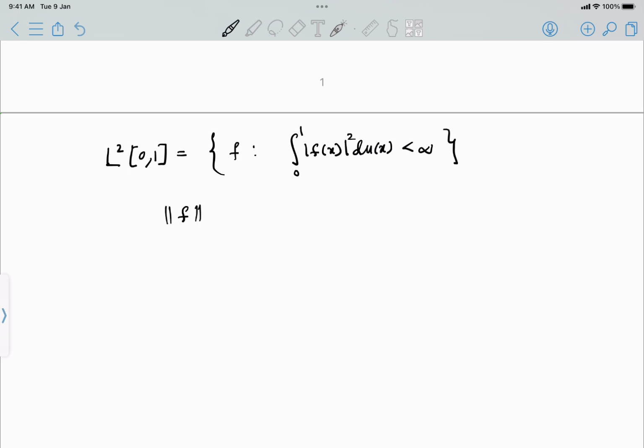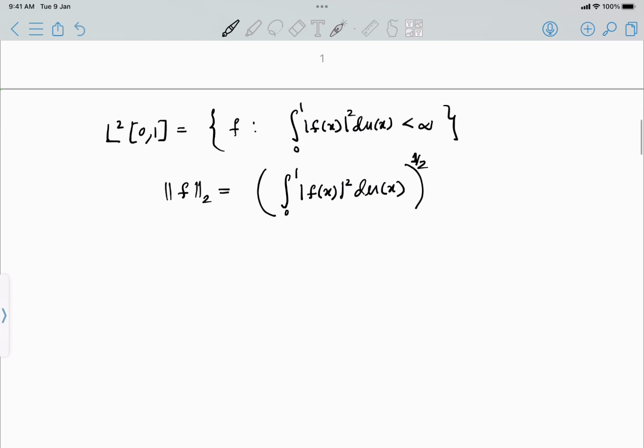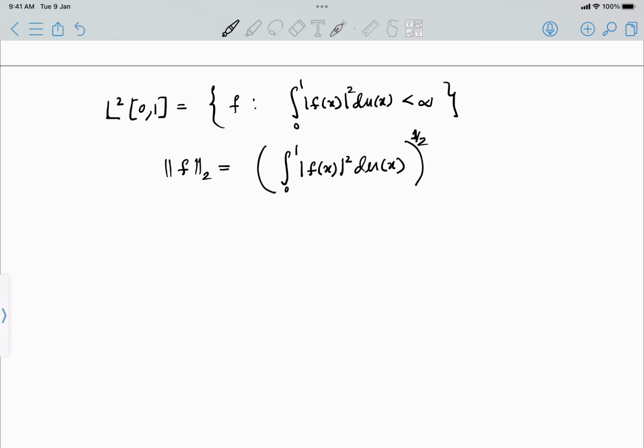The L2 norm of f is defined to be the integral over [0,1] of mod f(x) squared d mu(x), to the power half. And what is the inner product for f and g in L2[0,1]? The inner product of f and g is defined to be the integral over [0,1] of f(x) g(x) d mu(x).